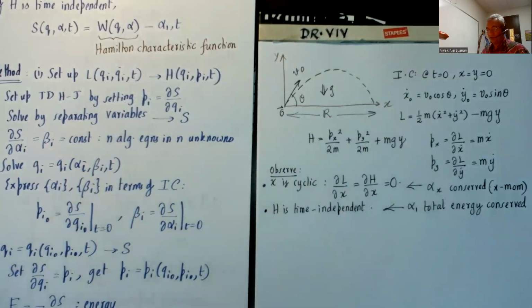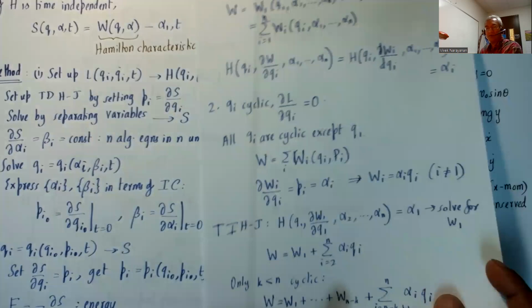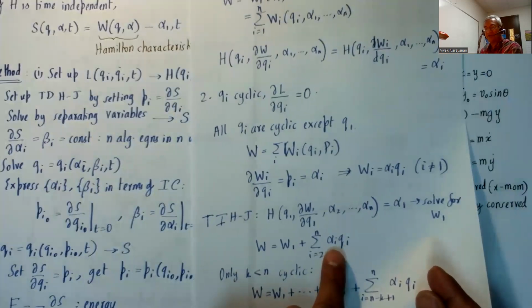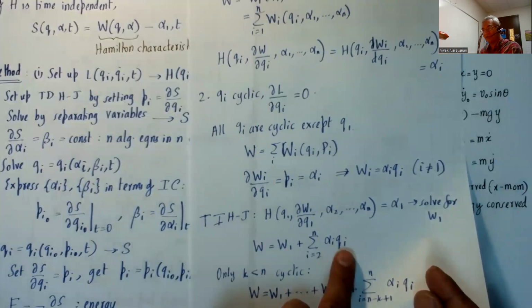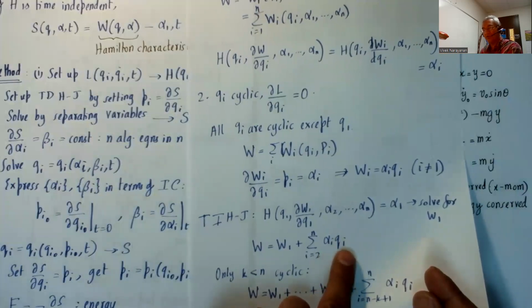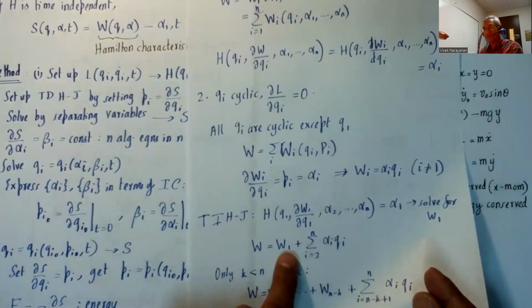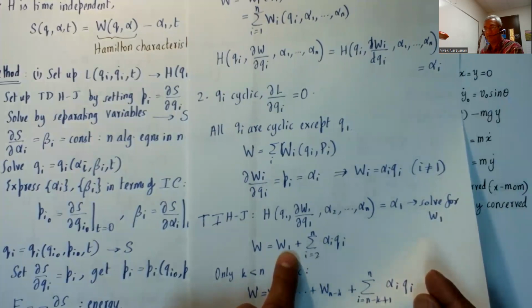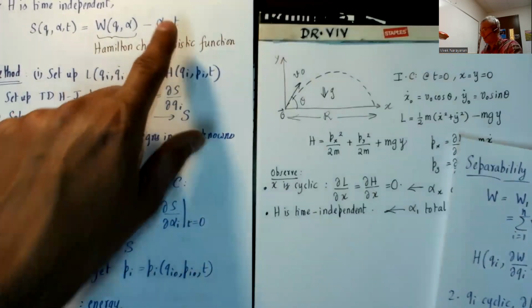So following the protocol of separability, the part that comes out is going to be alpha x times q x, which is just alpha x times x, plus the stuff that's not cyclic with respect to y will remain as a characteristic function W of y, and then this part, alpha 1 t, will also come out.